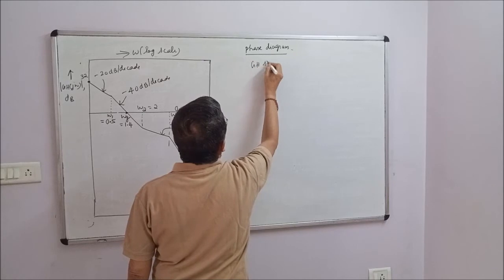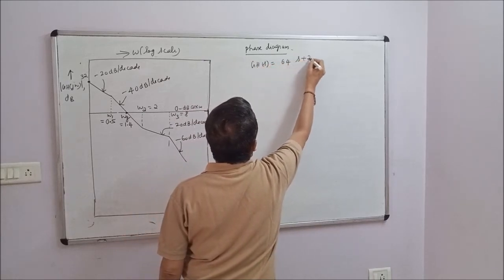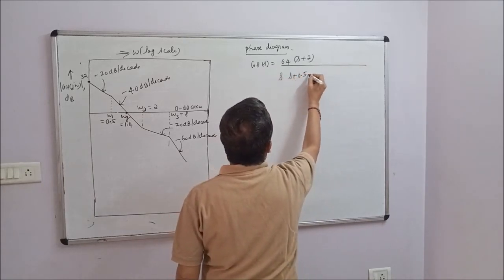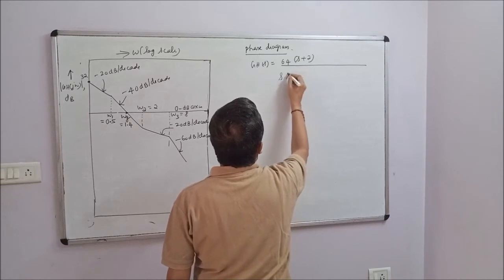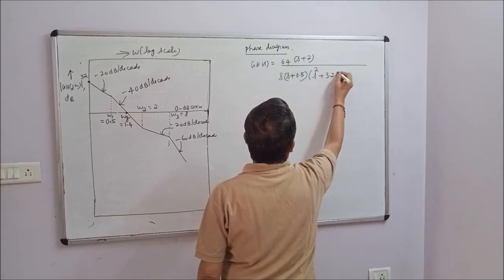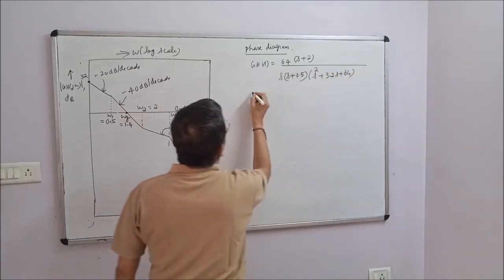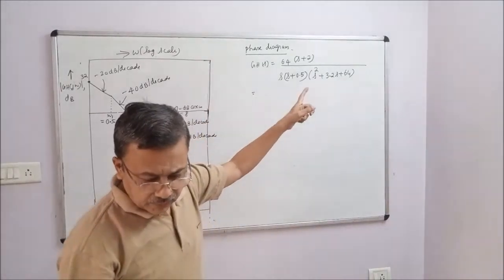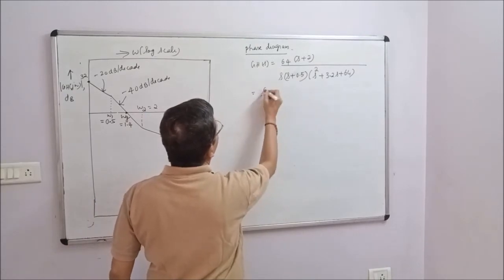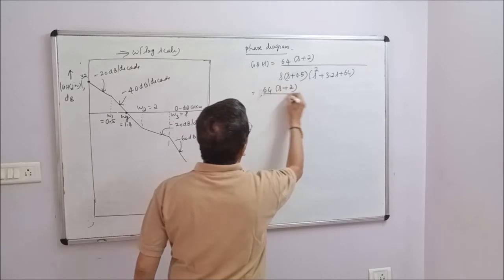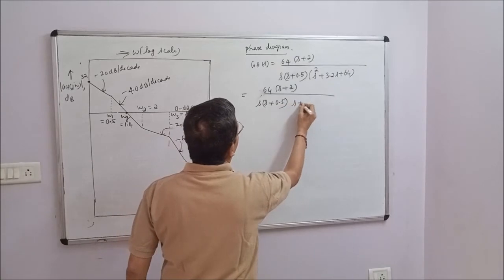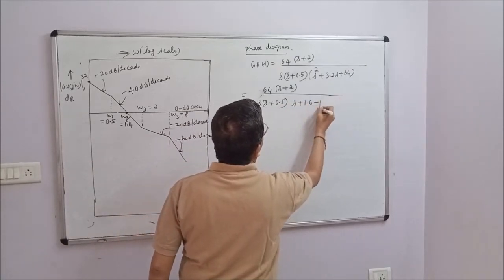What is GH of S? GH of S is equal to 64 into S plus 2 by S into S plus 0.5 into S square plus 3.2 S plus 64. This will write in the factored form. This is 64 into S plus 2 divided by S into S plus 0.5 into S plus 1.6 minus J 7.84 into S plus 1.6 plus J 7.84.